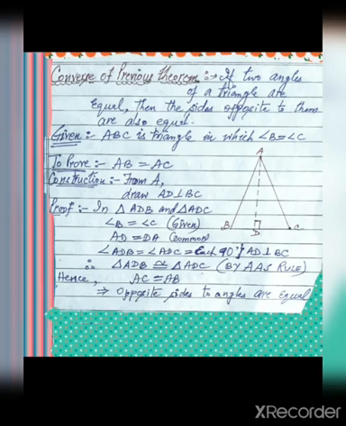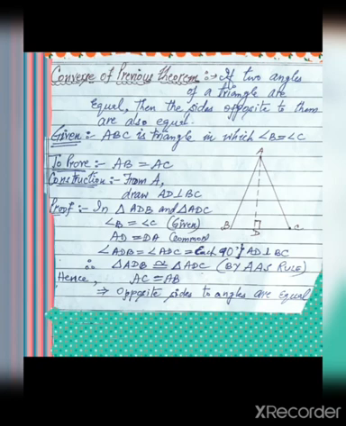Which means, if angle B and angle C are given to us equal, then the opposite side of angle B is AC and the opposite side of angle C is AB, and they will also be equal. Now we have to prove this, right? Let me go further. It is given to us that ABC is a triangle in which angle B equals angle C.